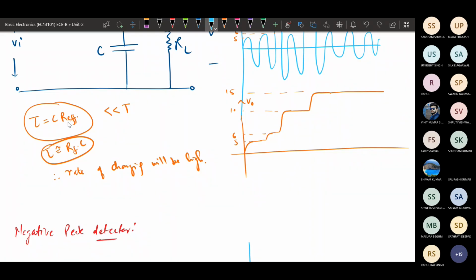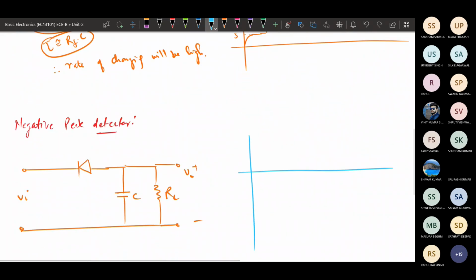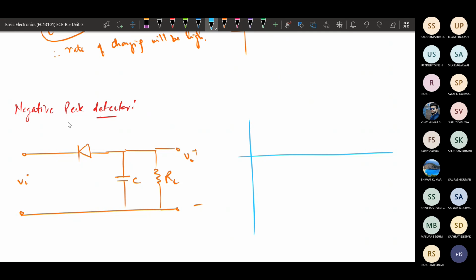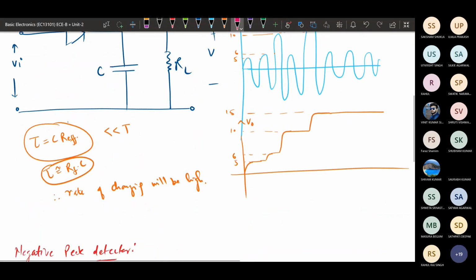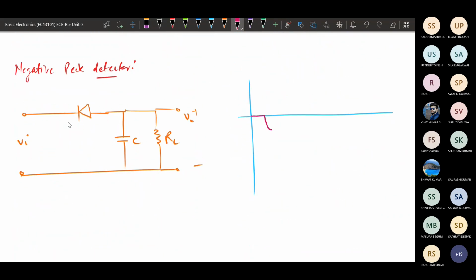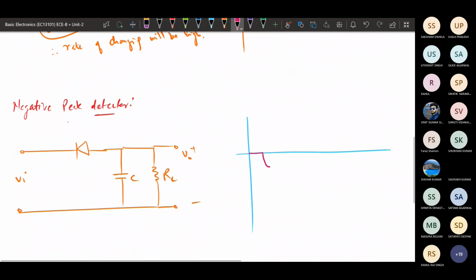Initially the output will be 0 because the capacitor is initially discharged, having 0 voltage. Now when we apply the negative input, whatever negative voltage is there will come out here.